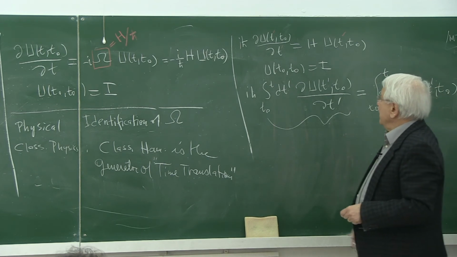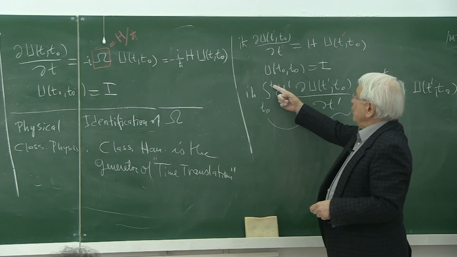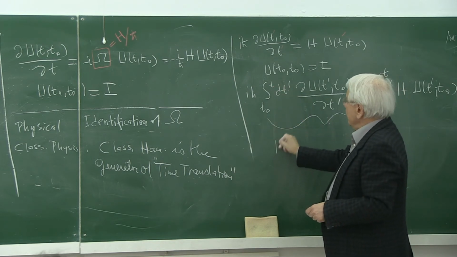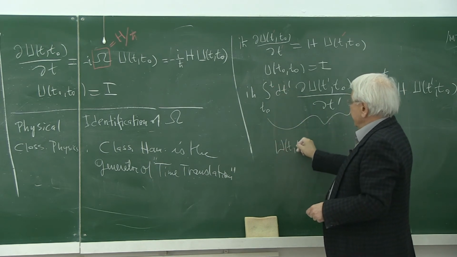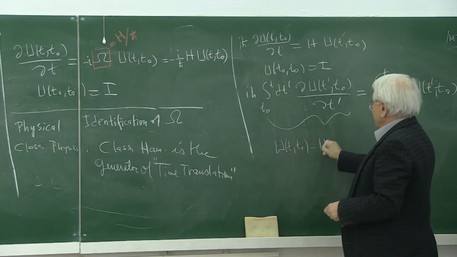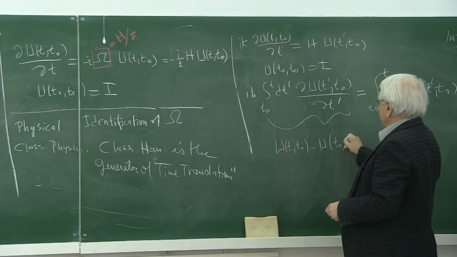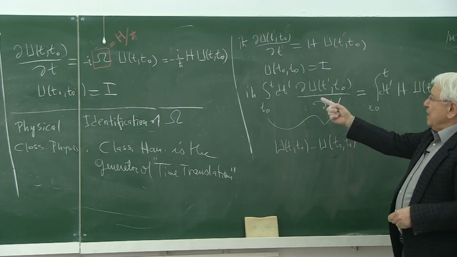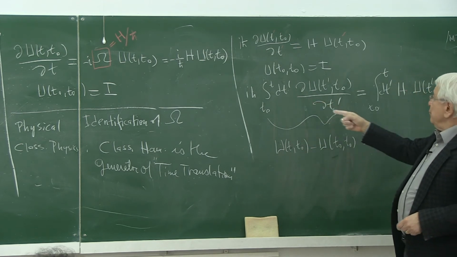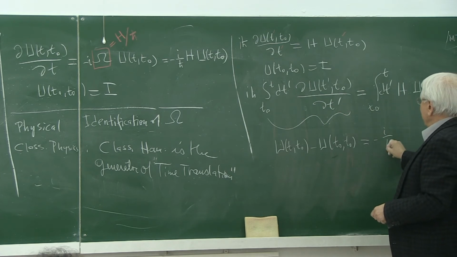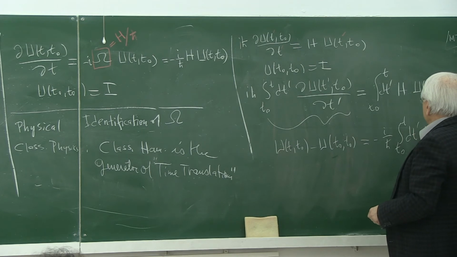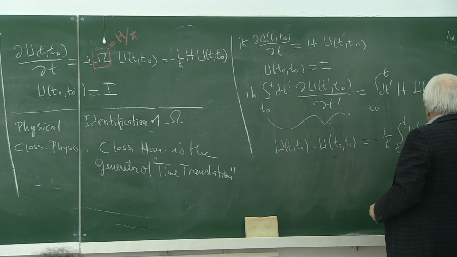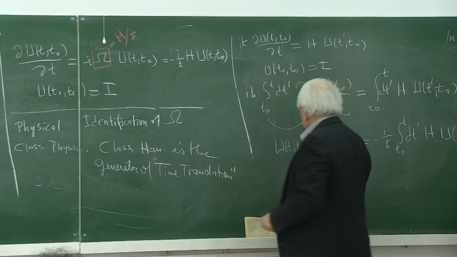Therefore, it is the value of U at the upper point minus the lower point. So U(t, t0) minus U(t0, t0) is the left-hand side. If I move now this iħ here as minus i over ħ, integral t0 to t dt prime H U(t prime, t0). Okay, that's the right-hand side of the equation.